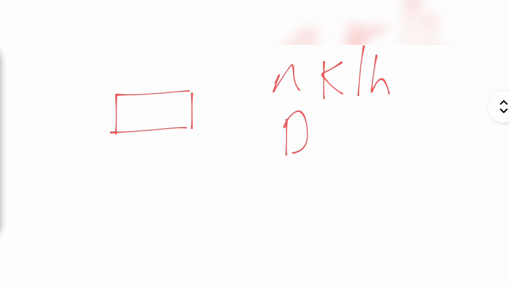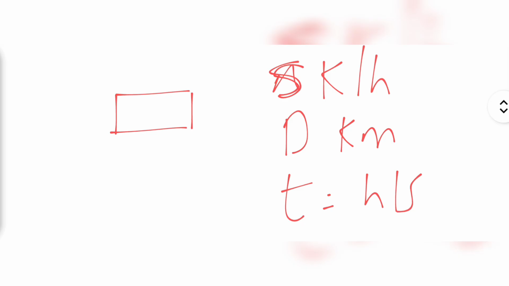Okay, so let us assume this as your train. As you know, a train has something called speed, that is x kilometers per hour. It has distance, which is in kilometers or meters, and time, which is in hours or seconds.